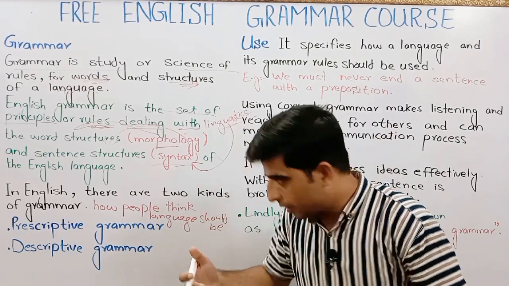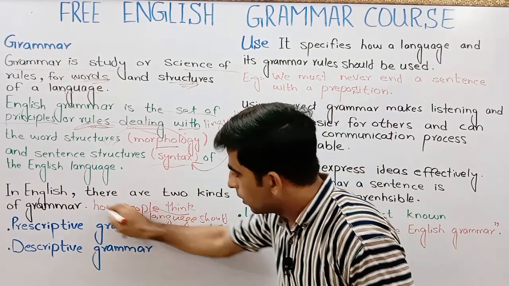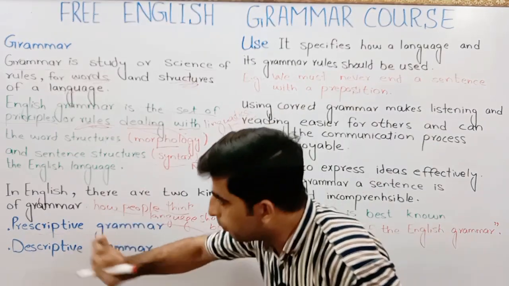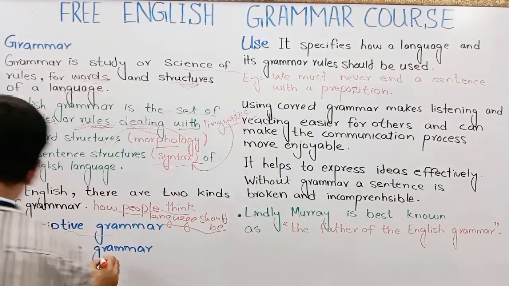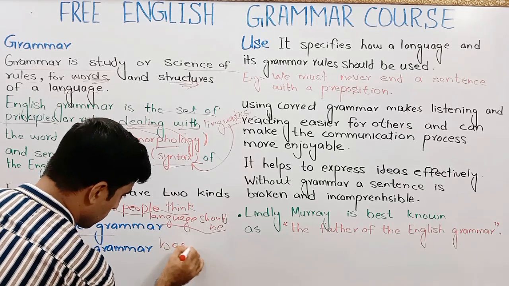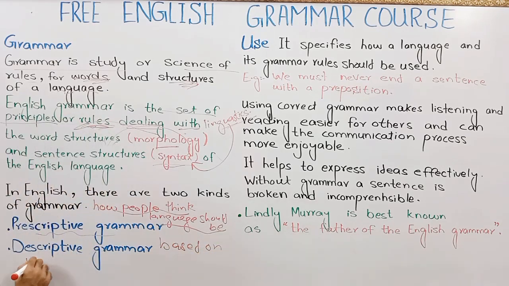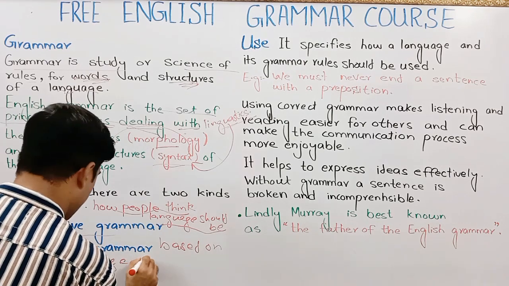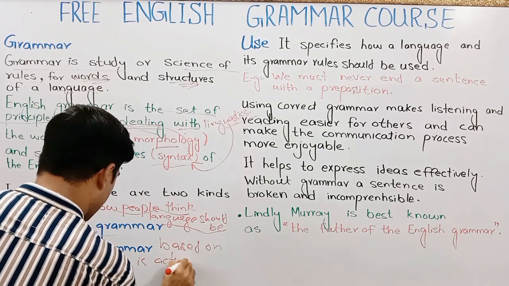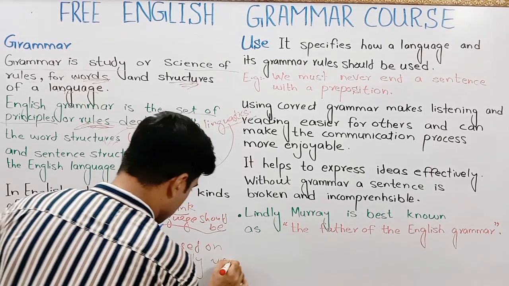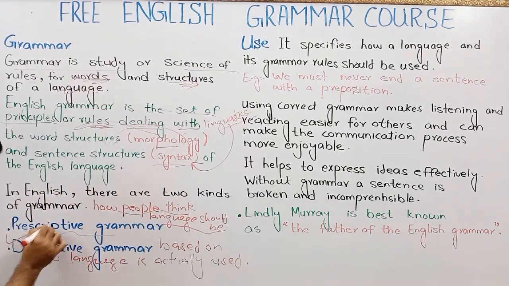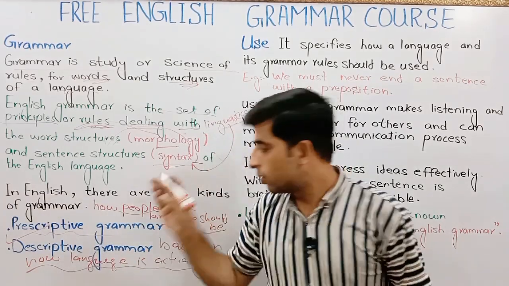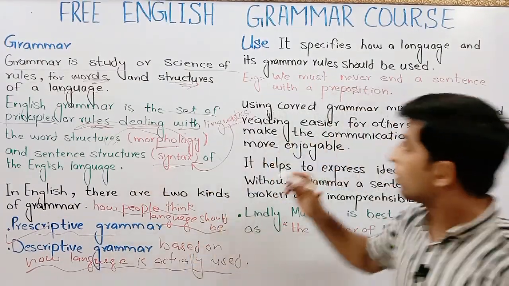According to people's perspective, how people think language should be is prescriptive grammar. Descriptive grammar is based on how language is actually used. It tells us how language is actually used in writing and speaking.